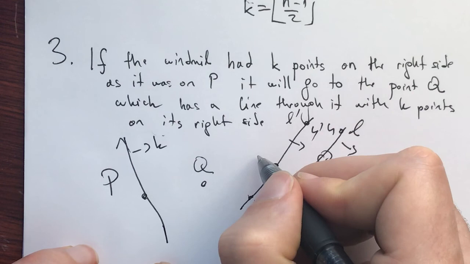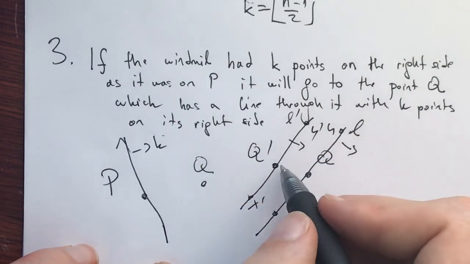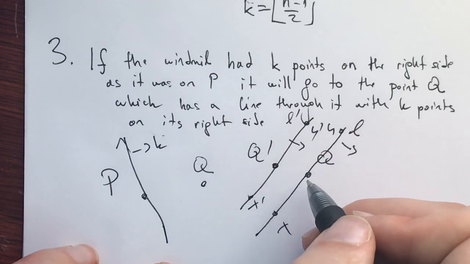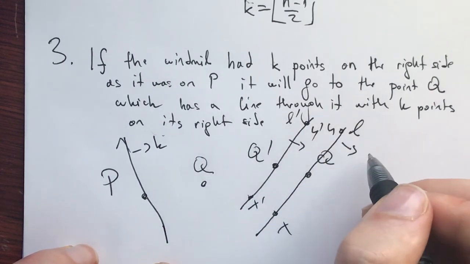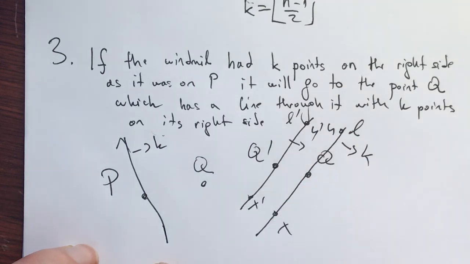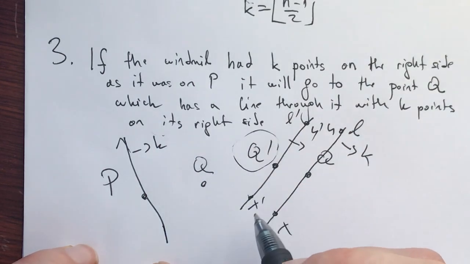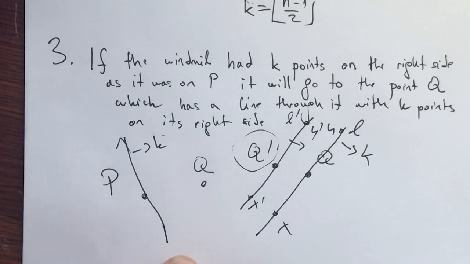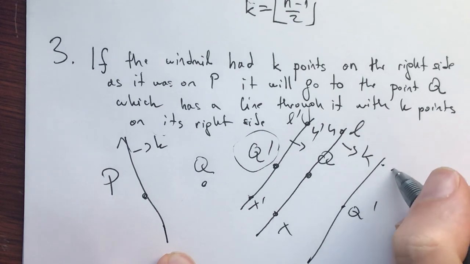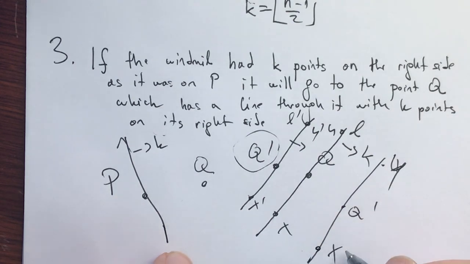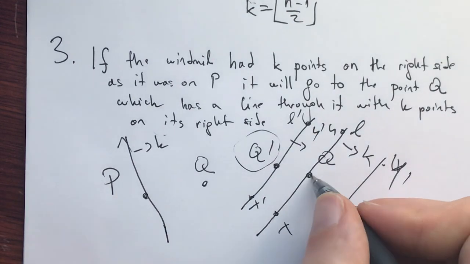If the windmill was on point Q prime, and Q prime was to the left of Q of the line xy, the line L, which divides Q into k points on the right side, then line Q prime will have more than k points on the right side, which is a contradiction. If it's on the right side of Q, it will have fewer points on the right side than Q, which is again a contradiction. So this means that the windmill passes through point Q.